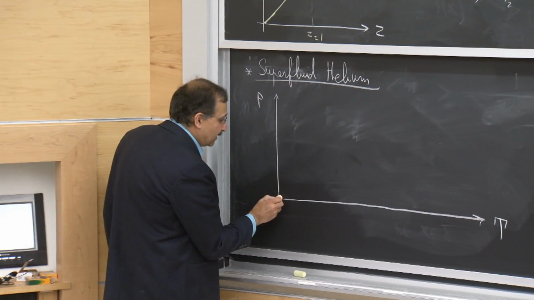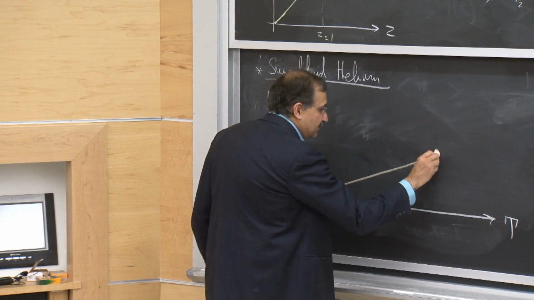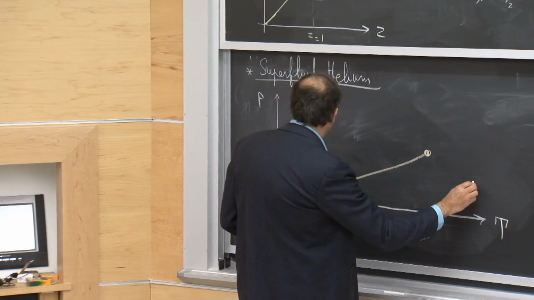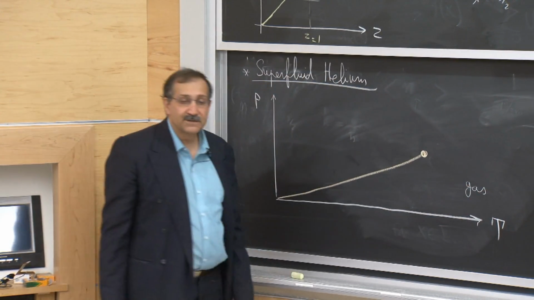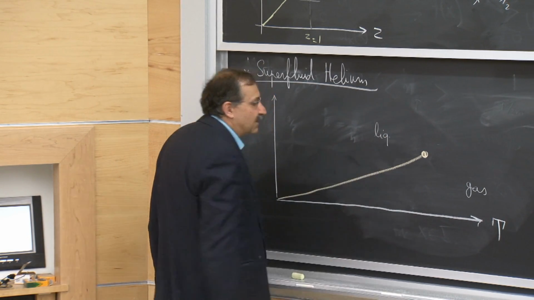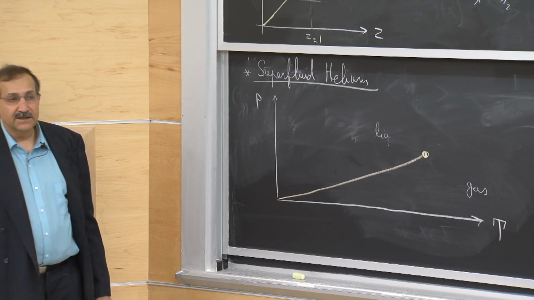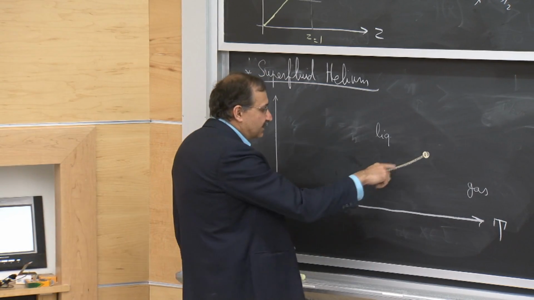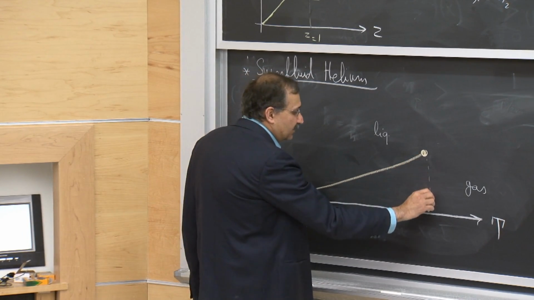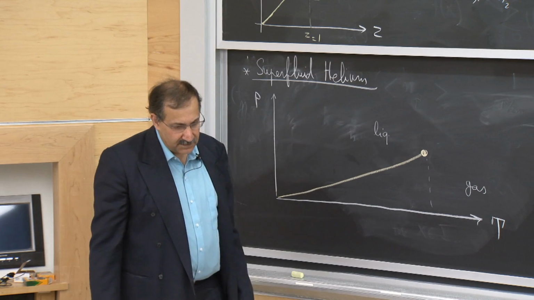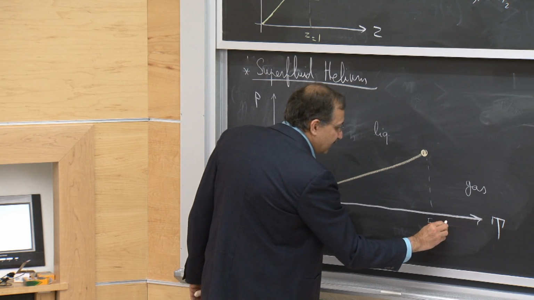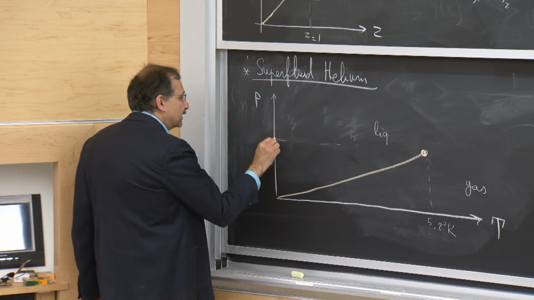So we have seen something like this many times, where you have on the low pressure, high temperature side a gas. On the higher pressure, lower temperature side, you have a liquid. And they terminate this line of coexistence between the two of them at a critical point. And for the case of helium, the critical point occurs roughly at 5.2 degrees Kelvin and something like 2.6 atmospheres.